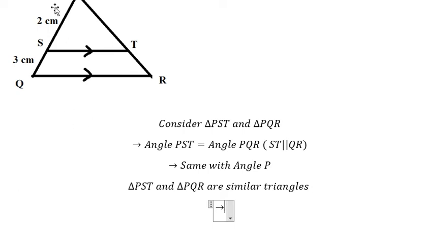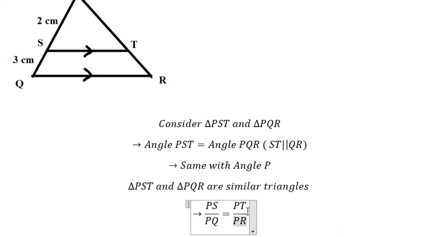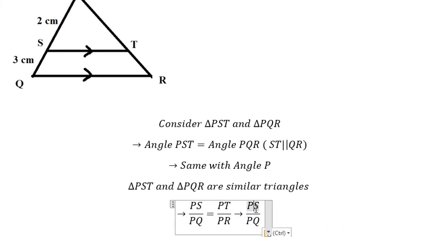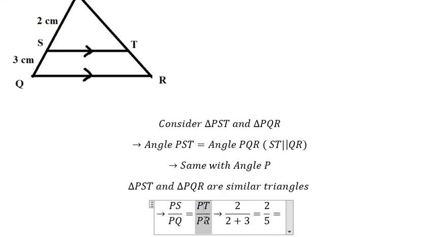So we have BH over BQ equals BT over BR. And we know that BH is 2, BQ is 2 plus 3 in here. And we have 2 over 5. 2 over 5 equals this one.